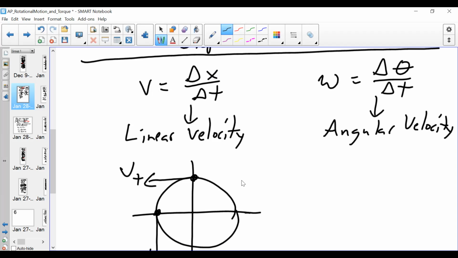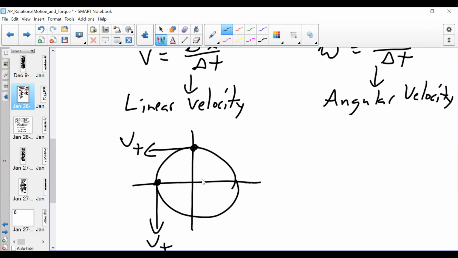And the linear quantities exist on the outside of the circle. But the angular quantities, the angular velocity, and then later on the angular acceleration, and then other quantities like torque and angular momentum, those angular quantities are fixed about the center.